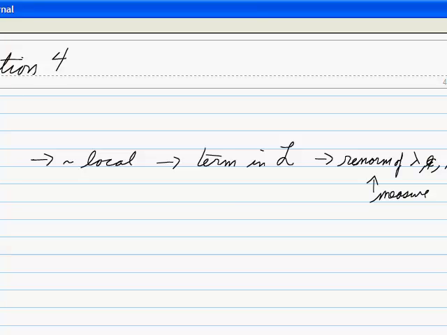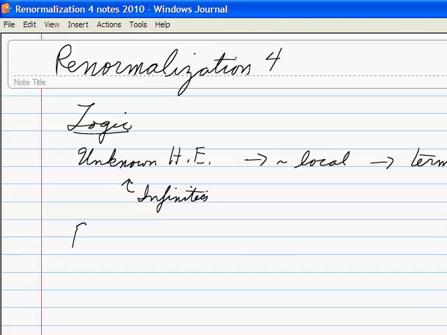But there's a potential problem if you have a lot of things that are infinity and you're adding and subtracting infinities. So what we do is called regularization.